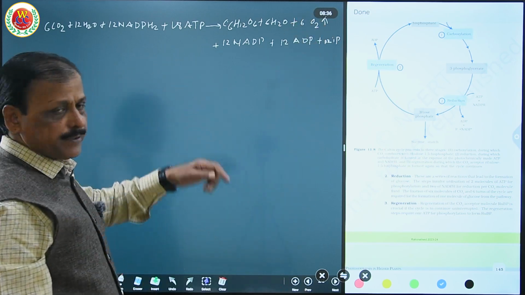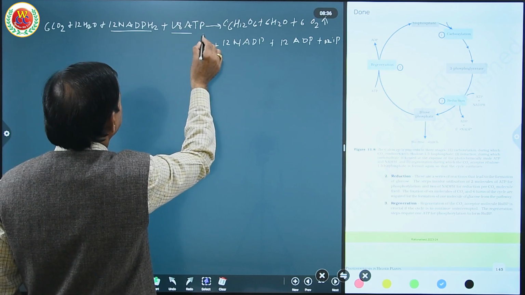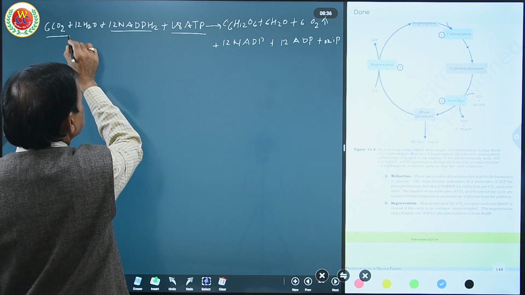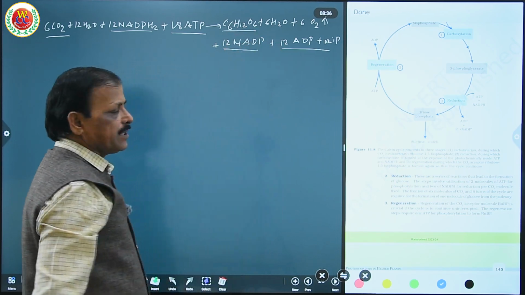This is the perfect equation of photosynthesis, as these 12 NADPH2 and 18 ATPs are required for 6 CO2 generating that 1 molecule of glucose.